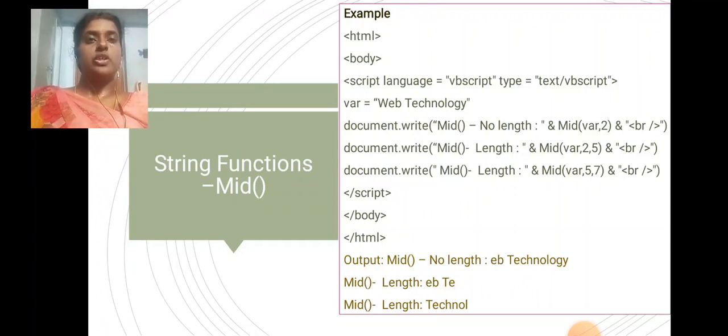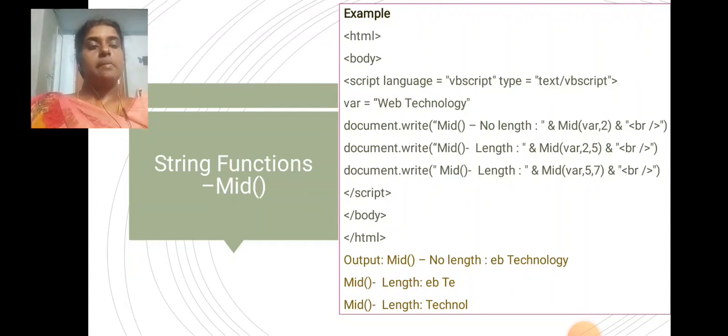We just give the 2 things. First one is the variable from which you would like to perform the extraction, and 2 is the position from where you want to perform the extraction. So, in web technology, the first character is W, you would like to start the extraction from the second character E. So, E till the Y is the result of this mid function.